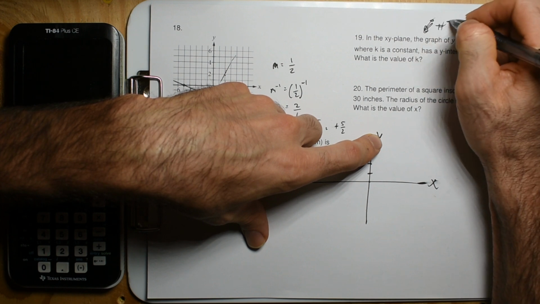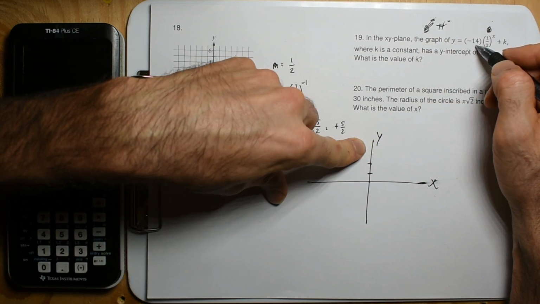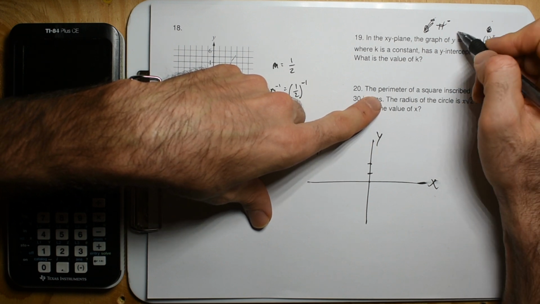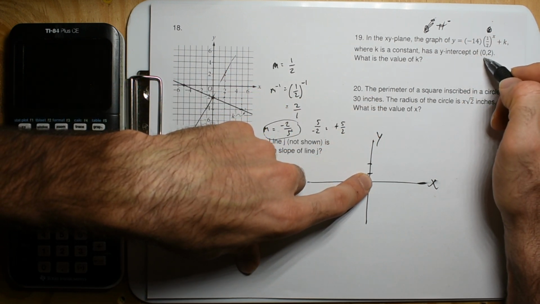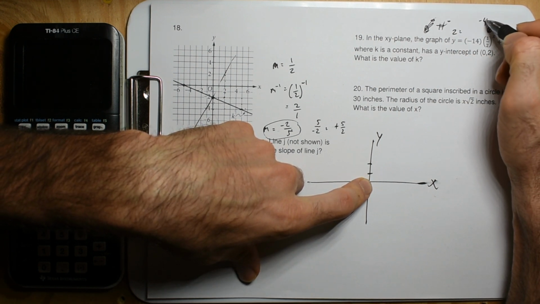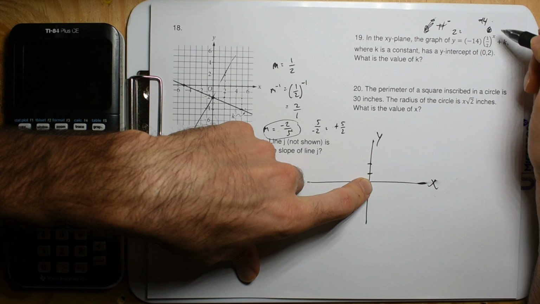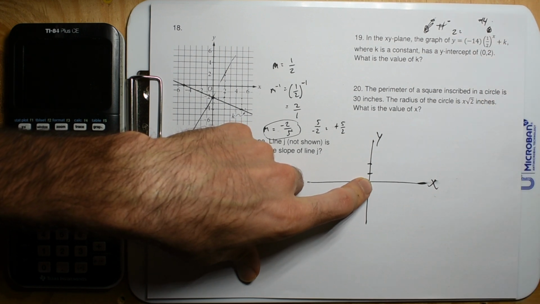If you have a number to the 0, that's 1. And then you're going to have -14, but this y has to be 2. So you have -14 plus what equals 2? So you're going to have +16. Sweet. All right, done.